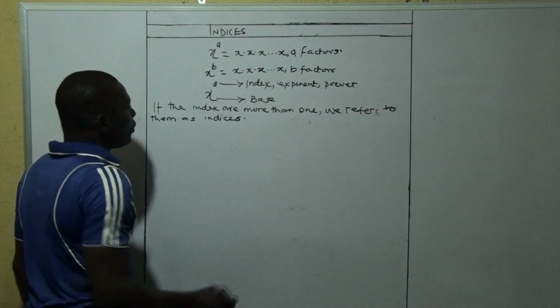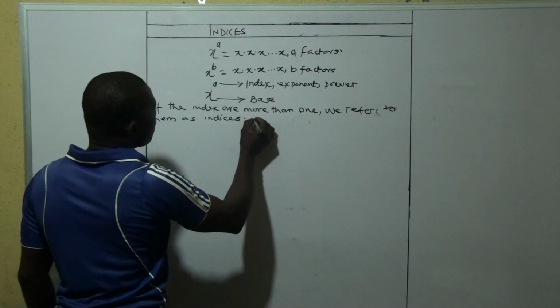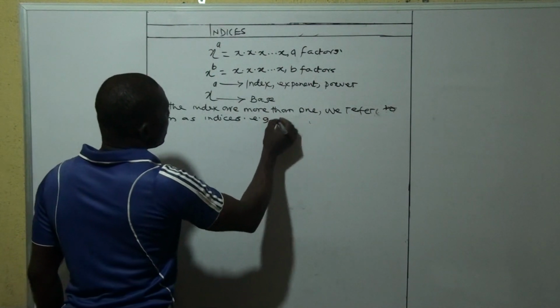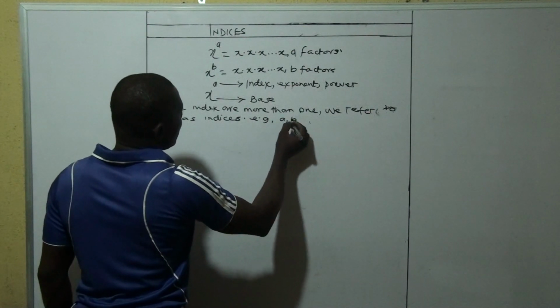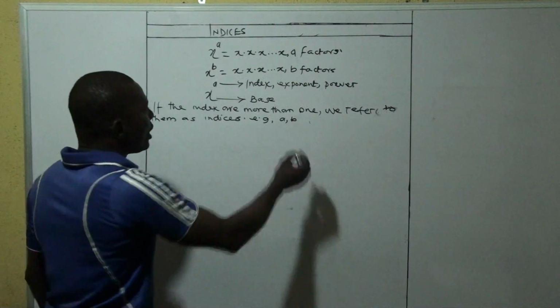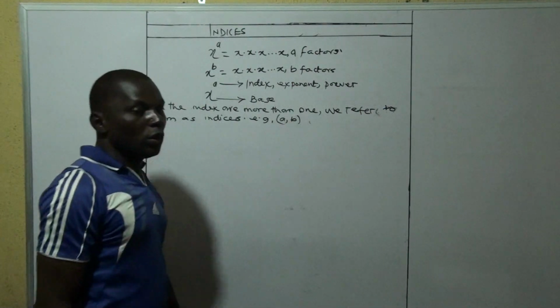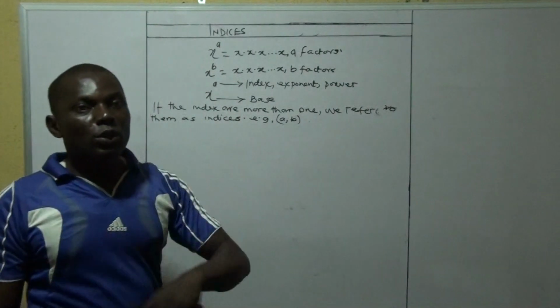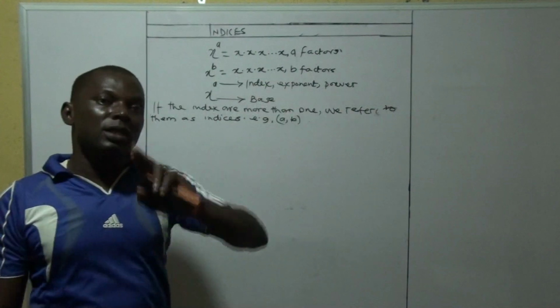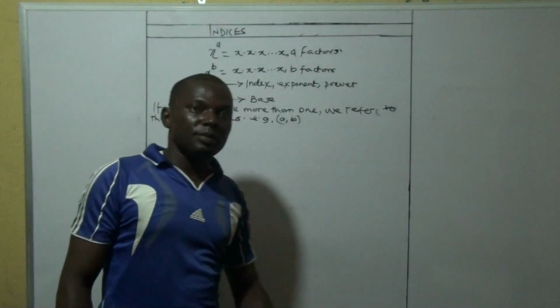So for instance, look at the exponents here, a and b. If we have two exponents, we no longer call them index, they become what? Indices. So the plural of index is called indices.